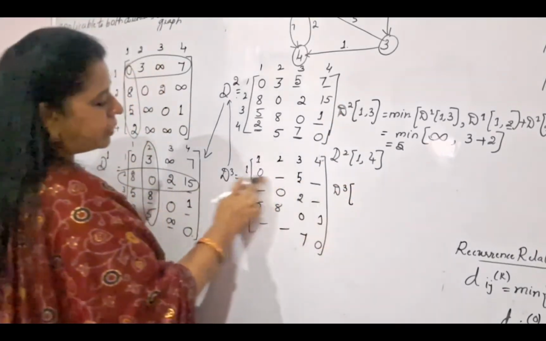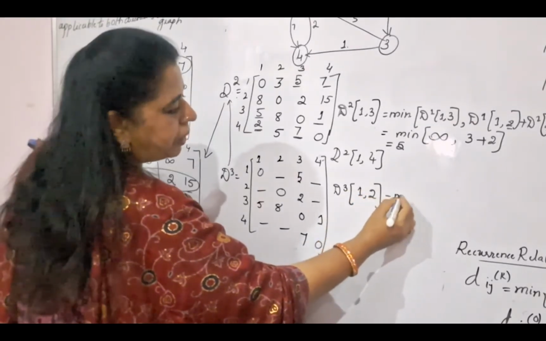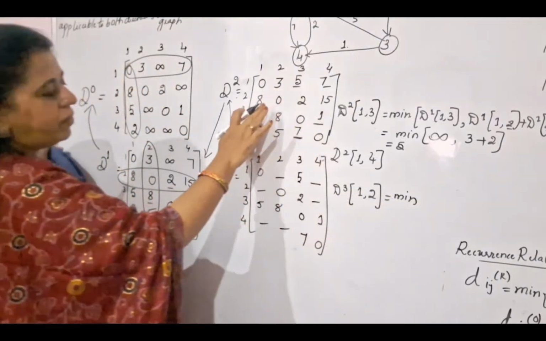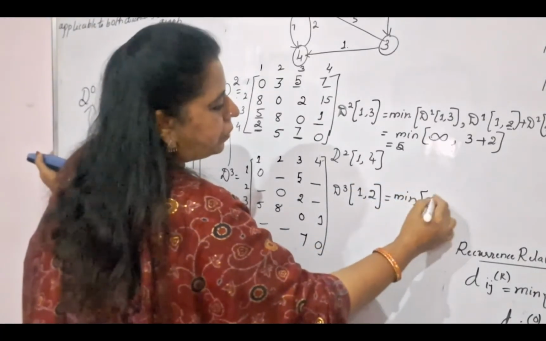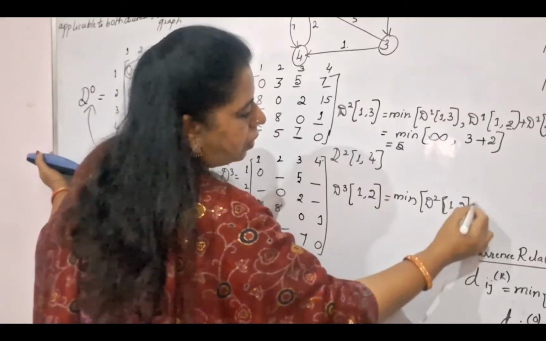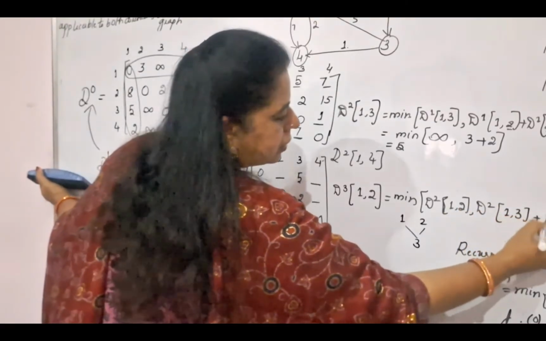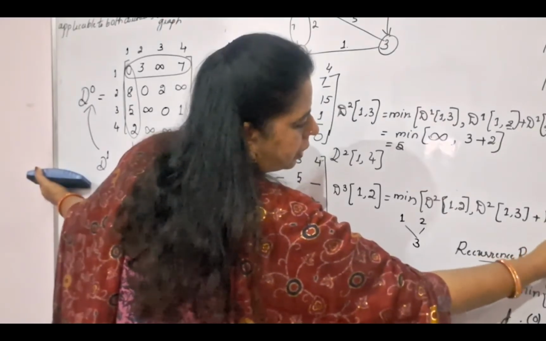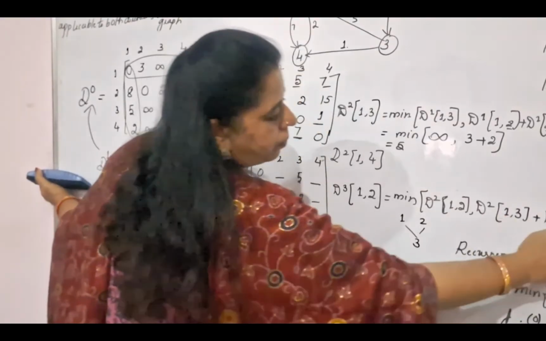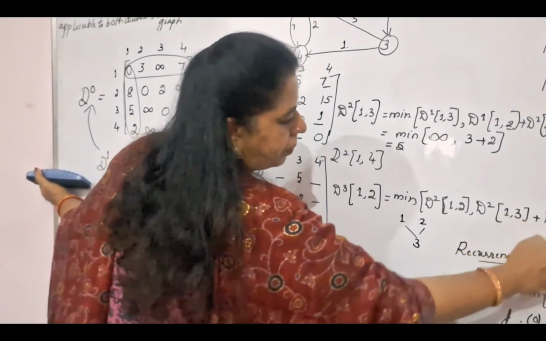D3 of, now the very first thing you are doing here is 1 comma 2. D3 of 1 comma 2 is minimum of, you are going to refer now the previous one, D2. Minimum of D2 1 comma 2, comma D2 of 1 comma 3 plus D2 of 3 comma 2. 1 to 2, now it is 1 to 3 plus 3 to 2.